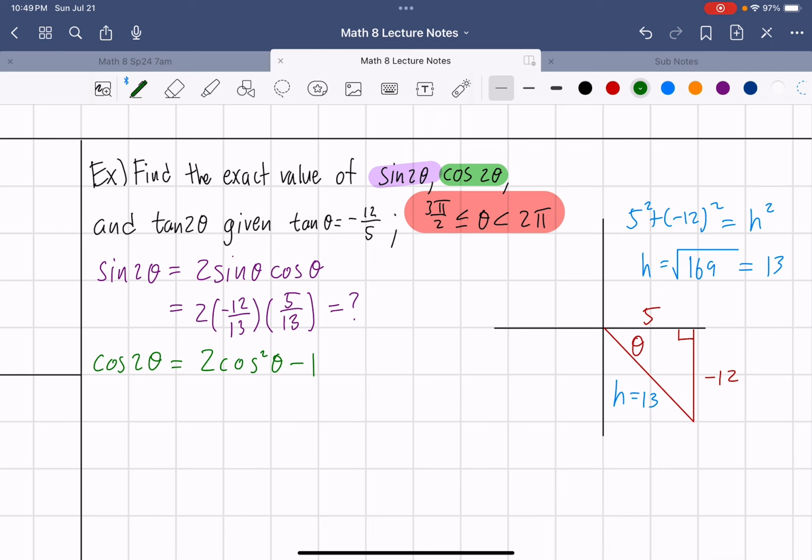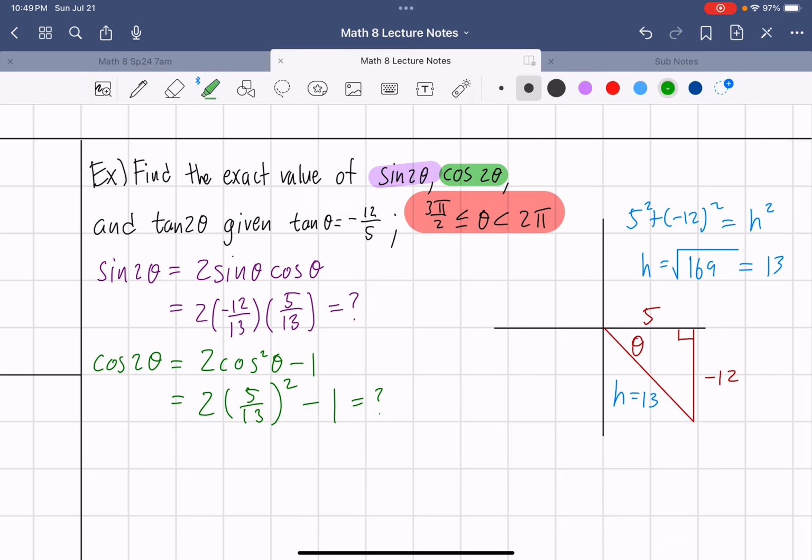Again, you could do cosine squared minus sine squared, but you'd have to do the work twice for this triangle. But here, all I have to do is 2 times 5 over 13, that's what cosine is, squared, minus 1. And I'll let y'all finish the work for that problem.